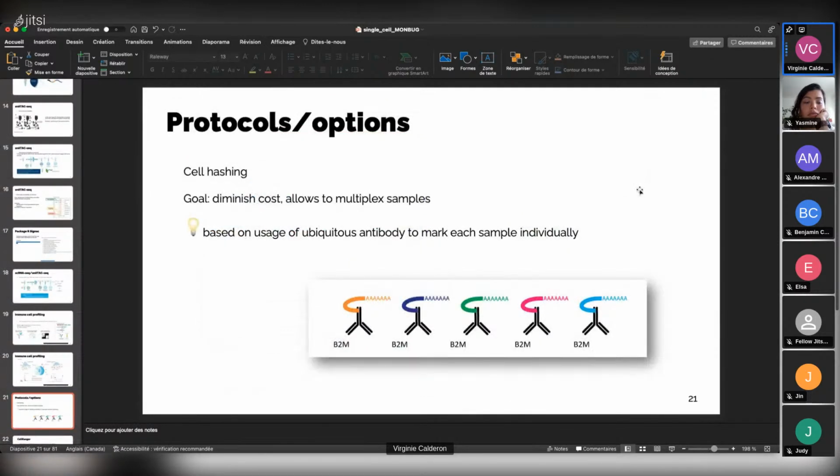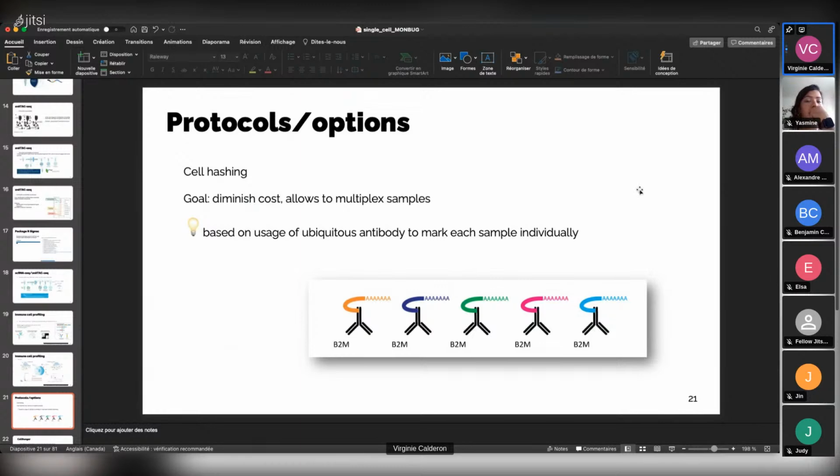The last option that people are using now, I have done maybe two analyses with this option, is the multiplexing of samples. I told you that the cost is high for this type of experiment. So now cell hashing is an option to put together samples that have been previously marked by a ubiquitous antibody. The biologist chooses which antibody is used on which sample, and will tell the bioinformatician what was used for each sample.